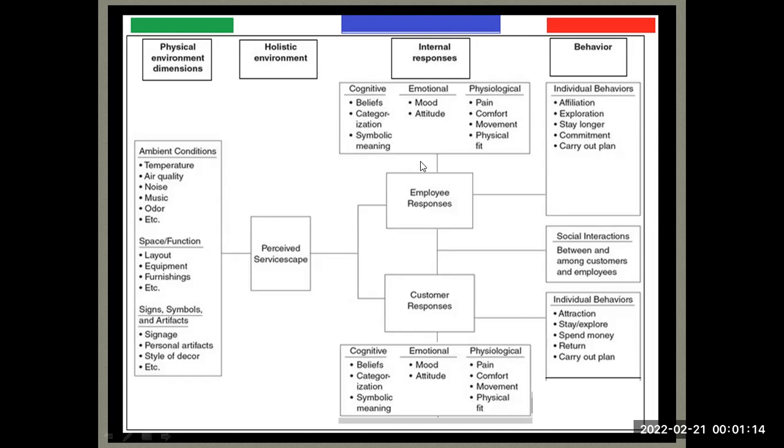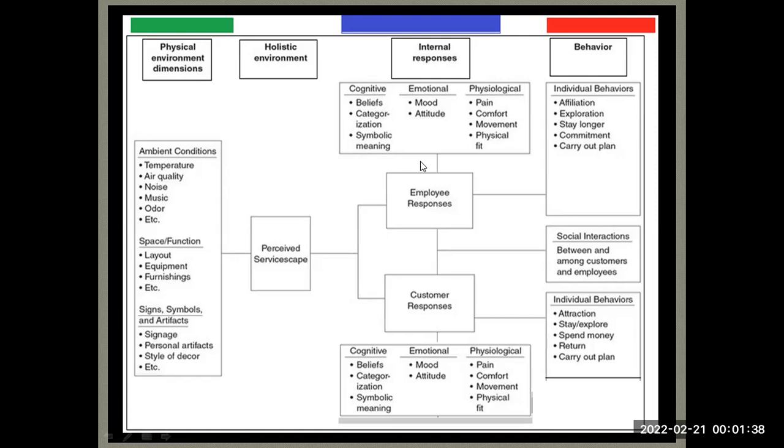The employee will also feel whether working in this organization is painful or painless, comfortable or not comfortable, whether the movement is more or less, and whether it is physically fit for him or not.